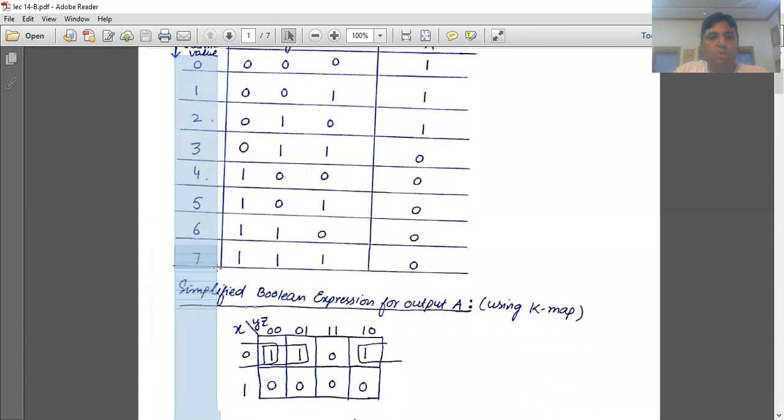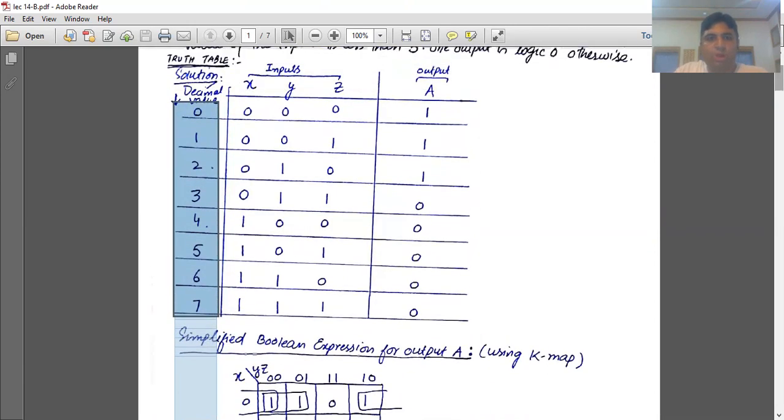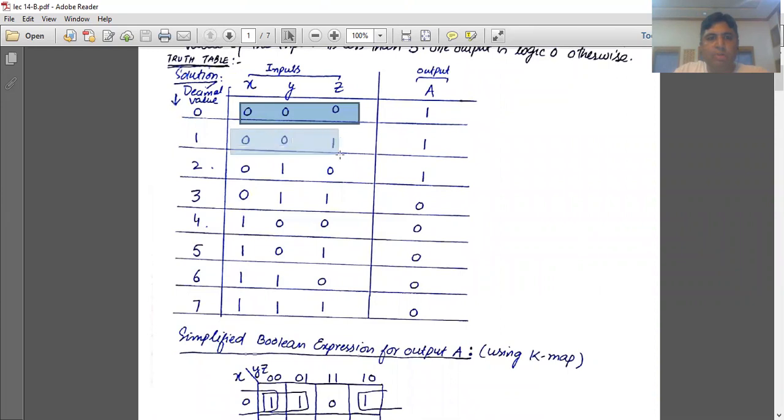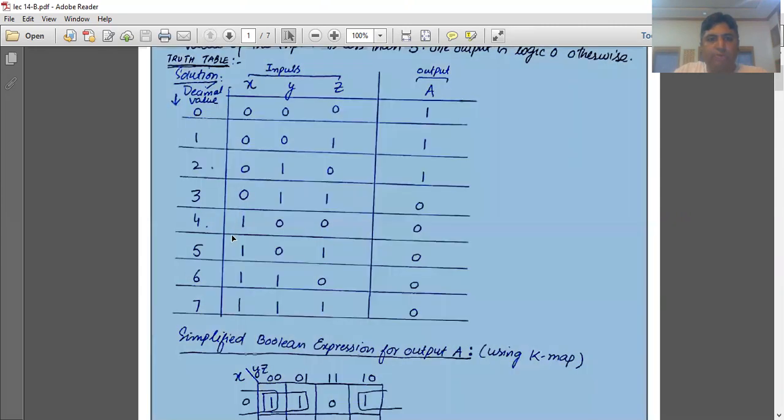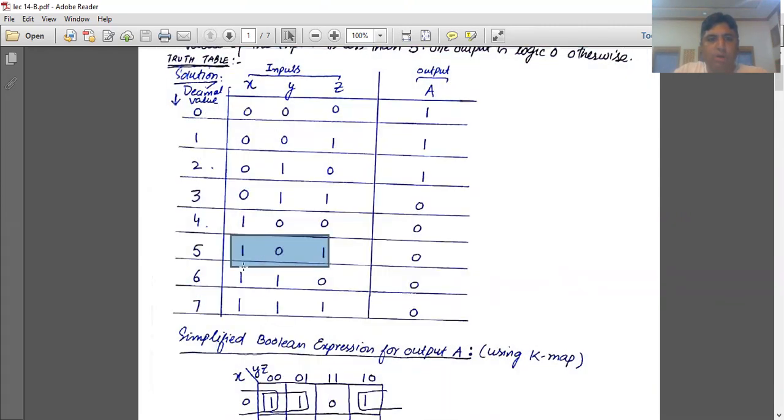The input has 8 combinations, which are binary 0, 1, 2, 3, 4, 5, 6, and 7.